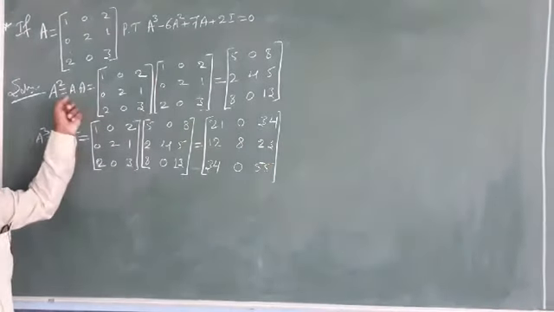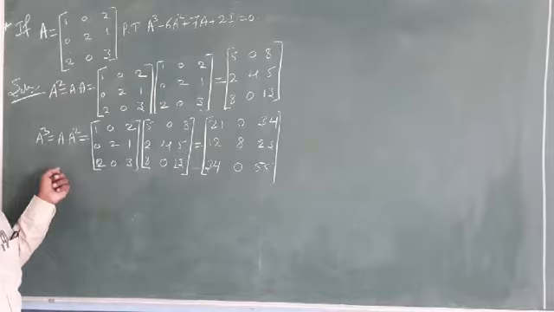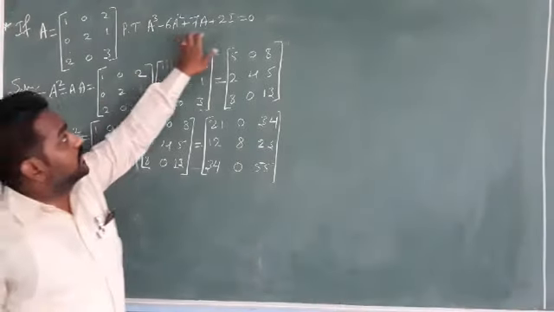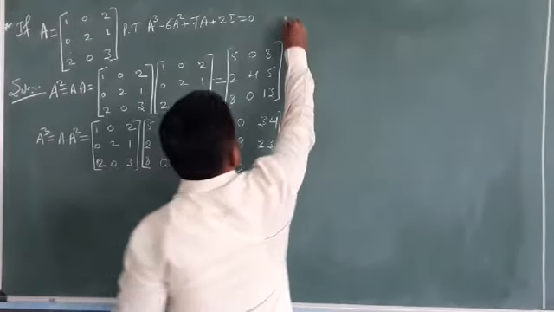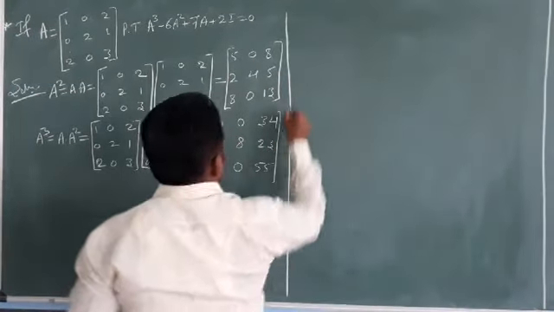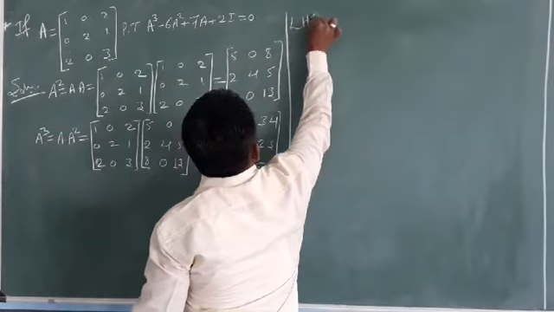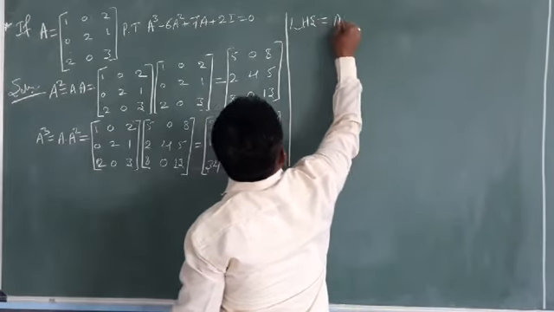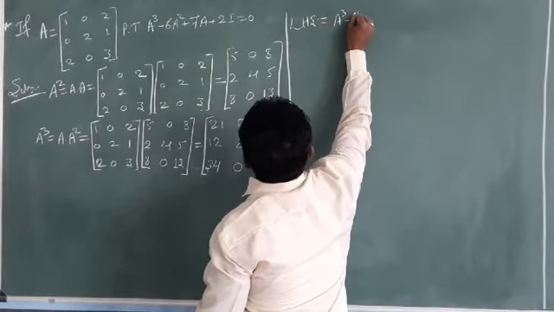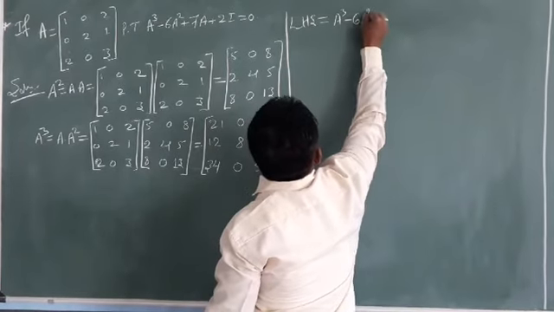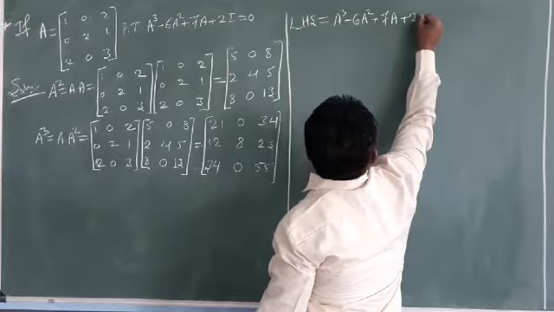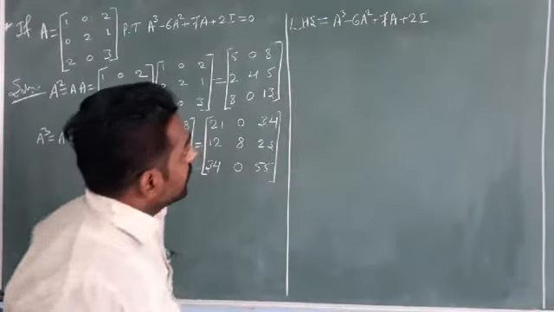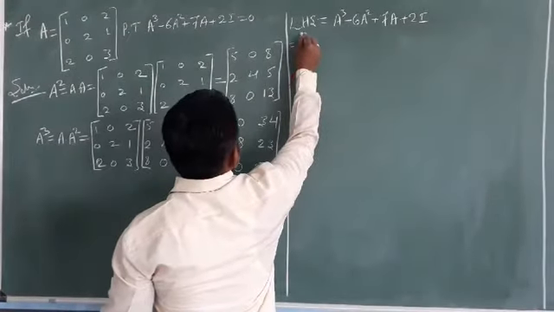So you got the A square and A cube. So just substitute those values in this given expression. So what is that? That is the LHS part. LHS equal to A cube minus 6A square plus 7A plus 2I. Okay. So what is A cube here, students?